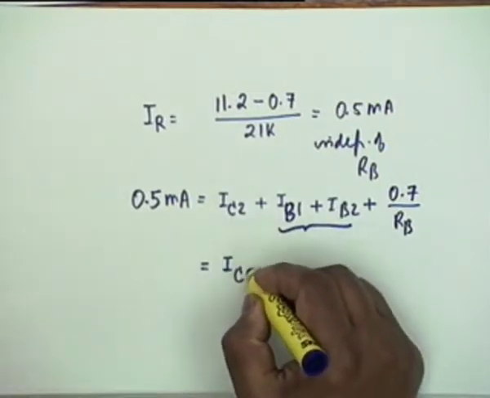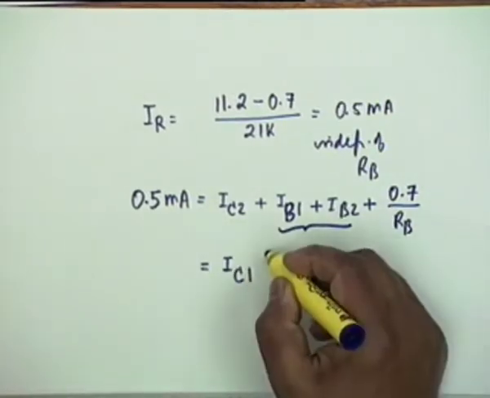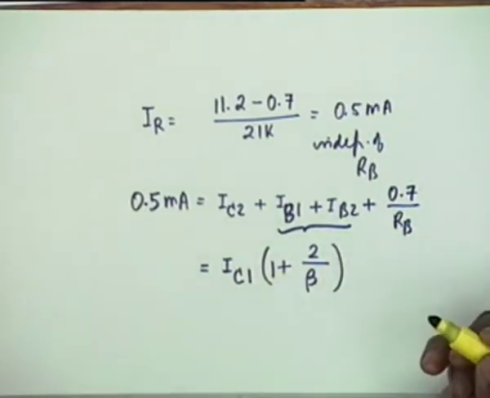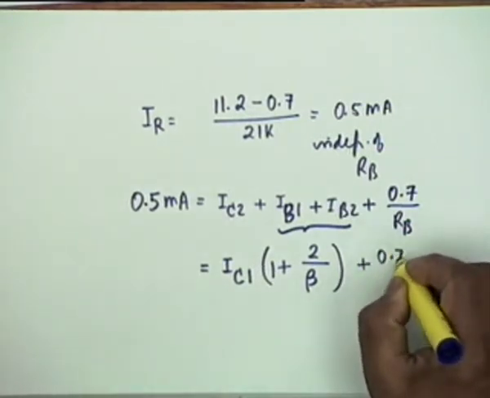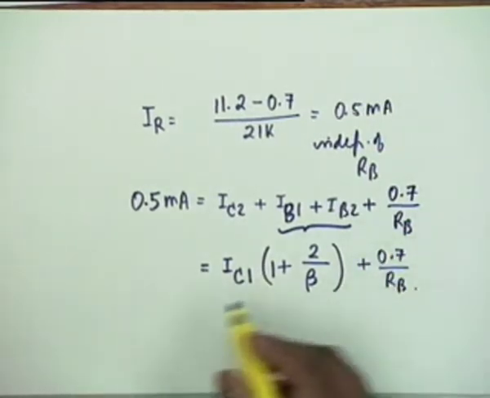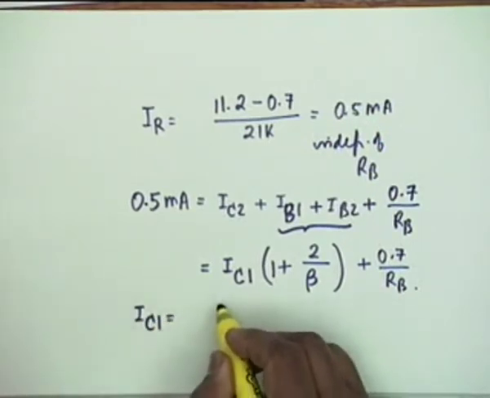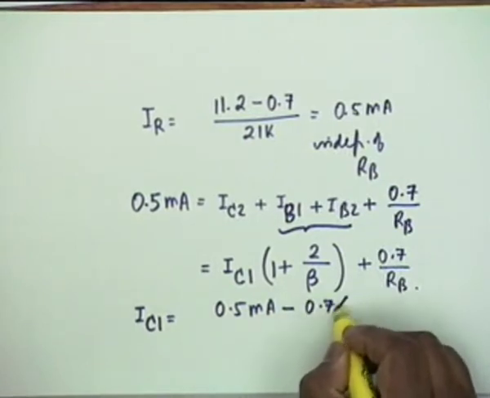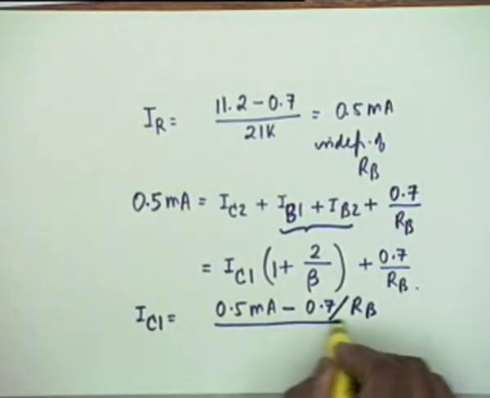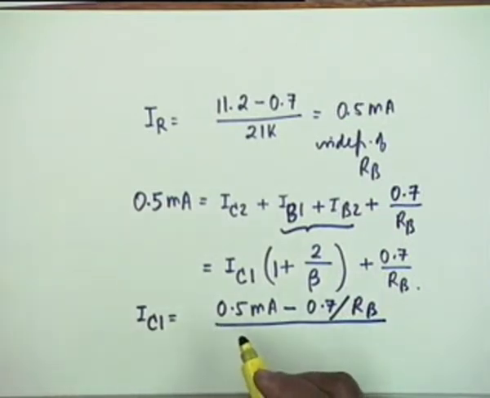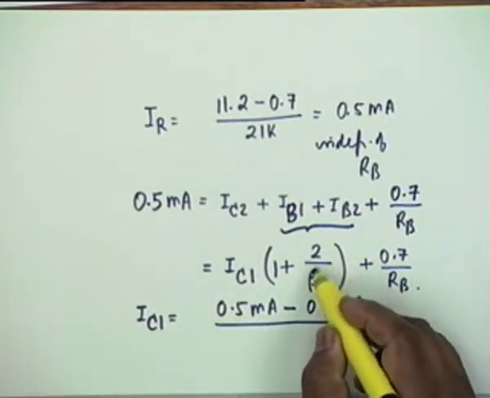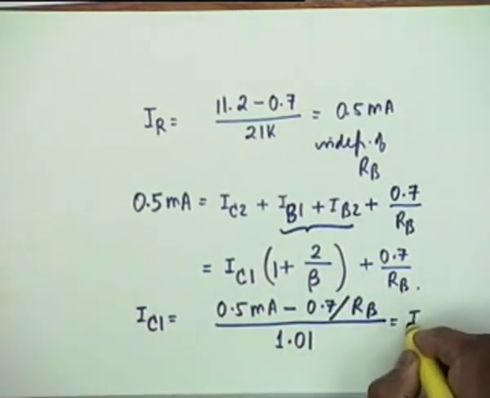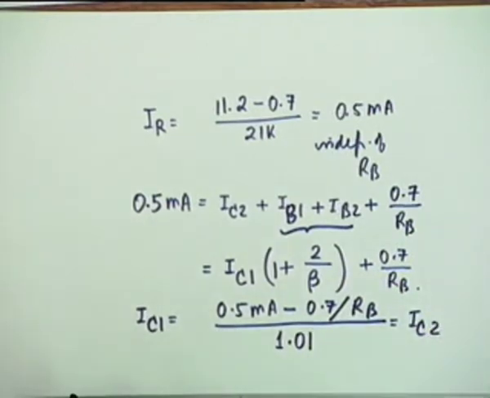So I can write this as I sub C1 times (1 plus 2 by beta), plus 0.7 divided by RB, from which I get I sub C1 as equal to 0.5 milliampere minus 0.7 divided by R sub B, divided by 1.01, because beta has been given as 200. So 2 by 200 is 0.01, so it is 1.01, and this is also equal to I sub C2.